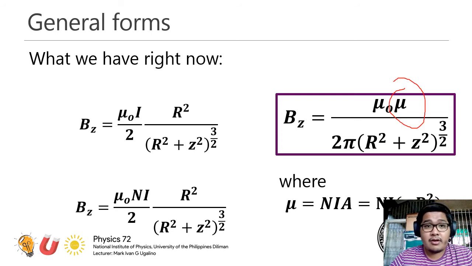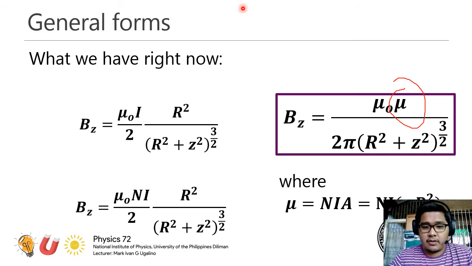Remember that we have defined earlier what the magnetic dipole moment is: the magnitude is I times a, but the direction is given by the right hand rule.